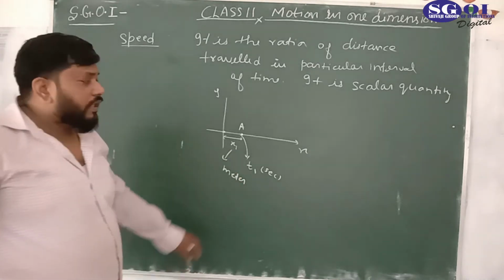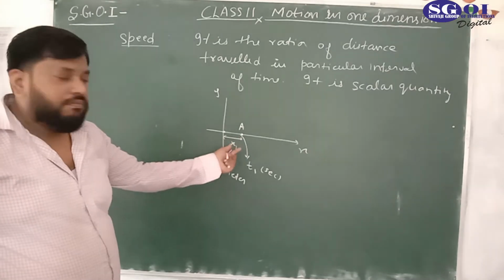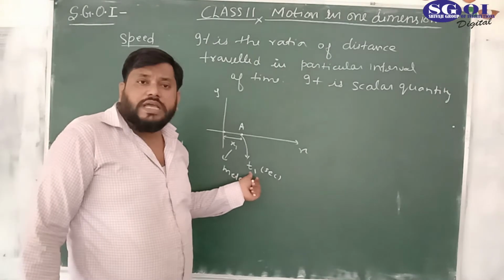So the object is at place A, which is x1 meter from the reference point, and at that time is t1.